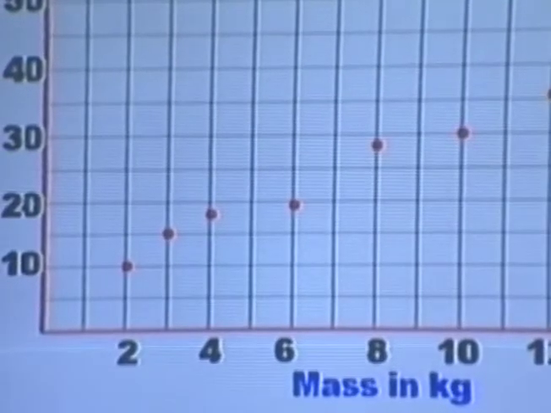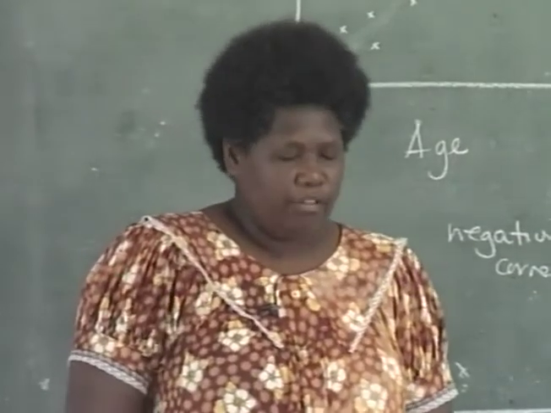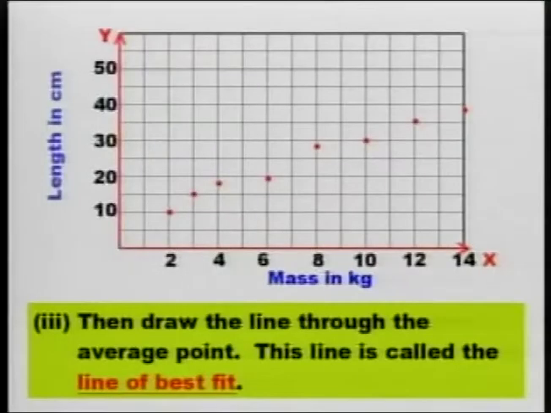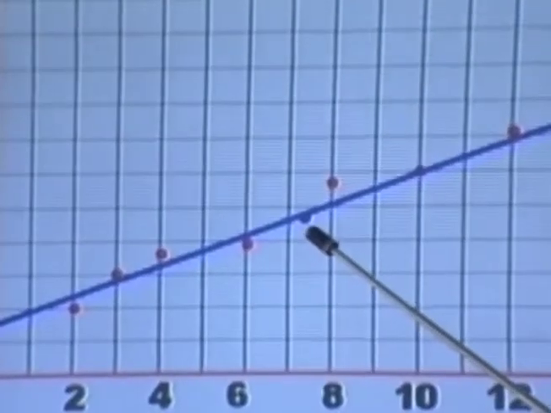Okay. Then the next thing that you do is to draw the line of best fit. And that line of best fit actually passes through the average point. Okay, I'm going to do an example a little later on the chart. But what I've done is I have shown the average point somewhere here, and it happens to be, I think, 7.4, 24.4.